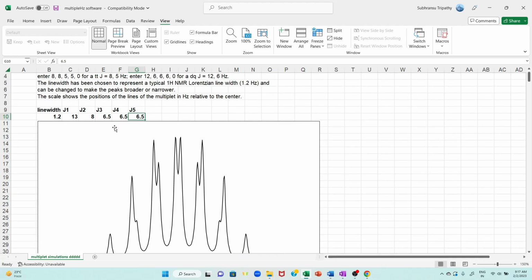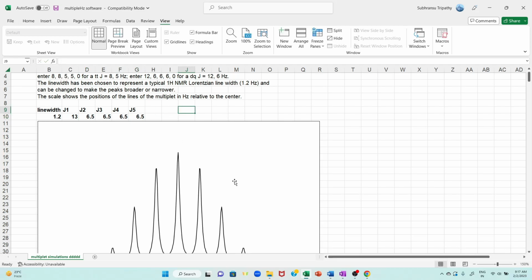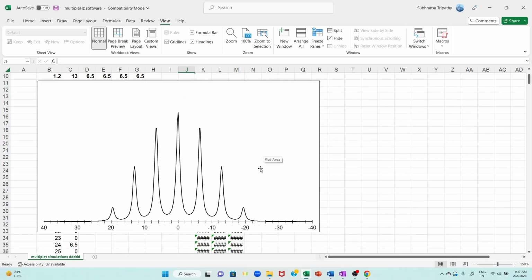But if you make it a DP, with 6.5 and all are 6.5, since 6.5 is exactly half of 13, there will be merging of lines, you will get only 7 lines. No doublet. Each component will not appear as a finer doublet.